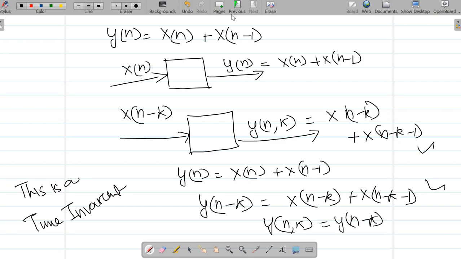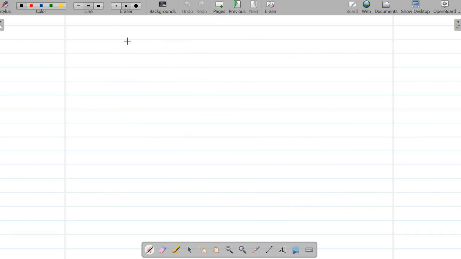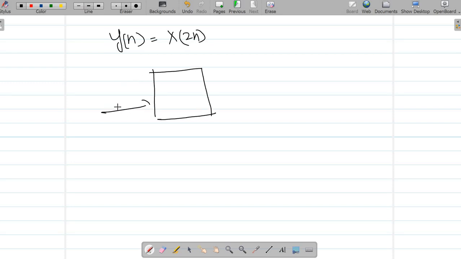So let us illustrate a time varying system then. Let us say y of n is equal to x of 2n. When you pass x of n to the transformation block, I get y of n, which is nothing but x of 2n.